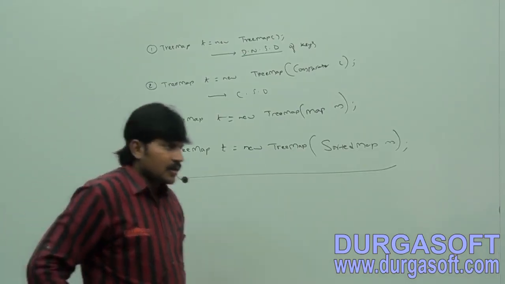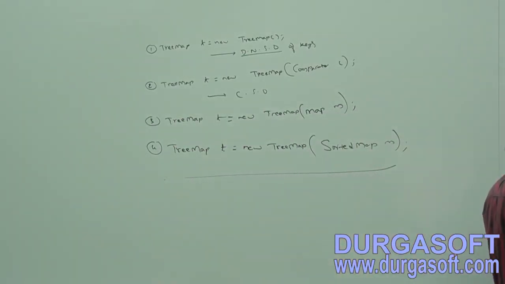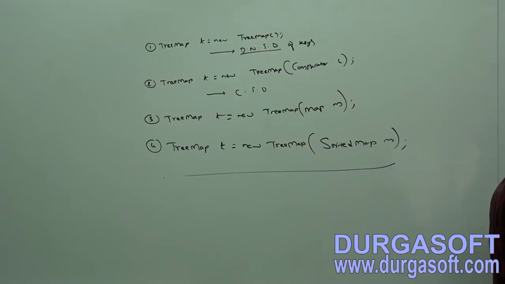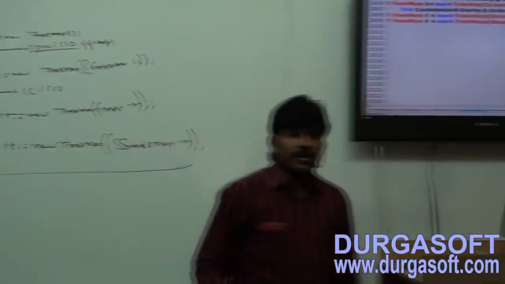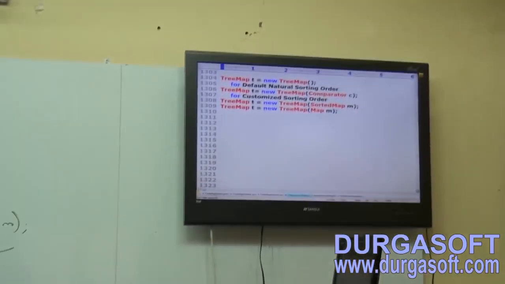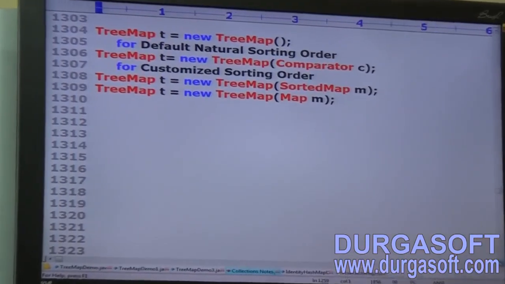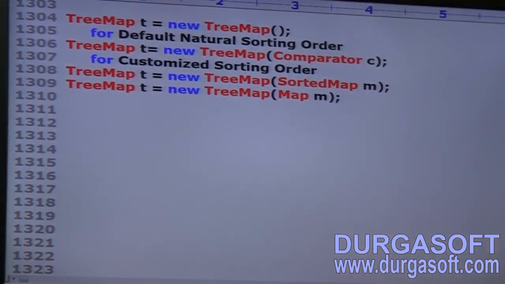So you can take the constructors from the screen. TreeMap t = new TreeMap() for default natural sorting order.